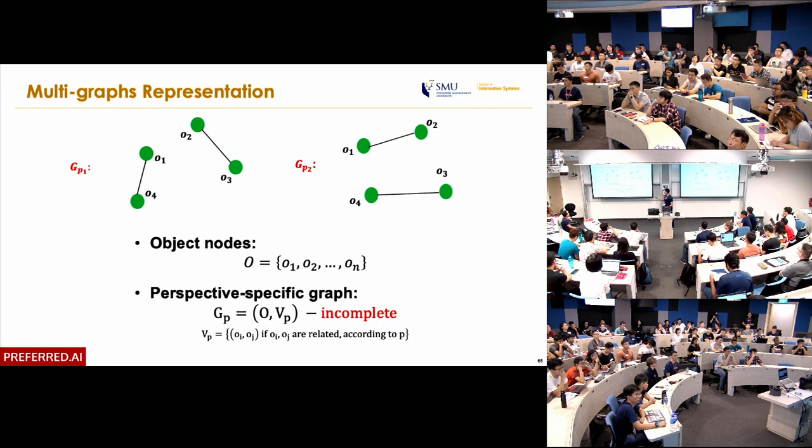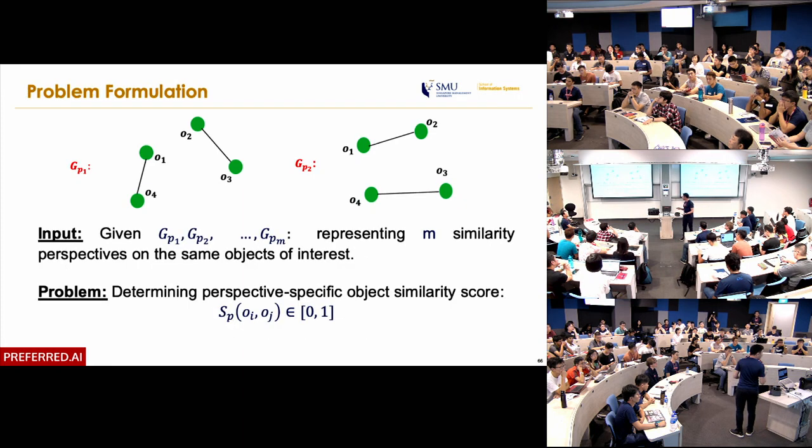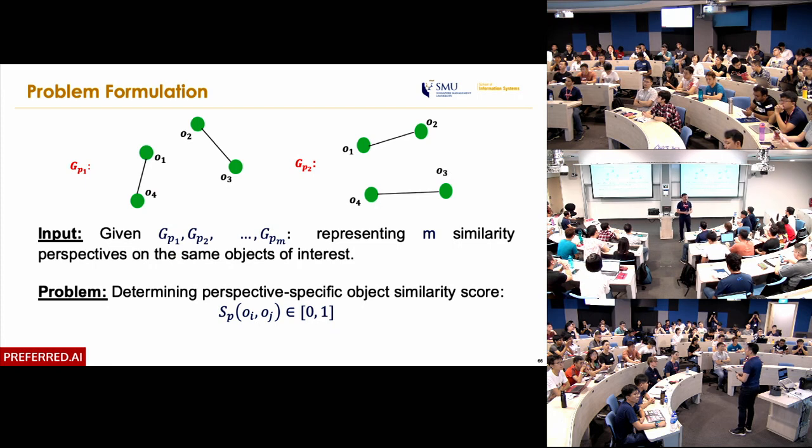A couple of notations: you have object nodes, and you have perspective graphs, in which an edge connects similar objects. So the problem is, given multiple graphs representing multiple perspectives of the similarity between objects, how do you measure how similar the objects are according to one perspective?